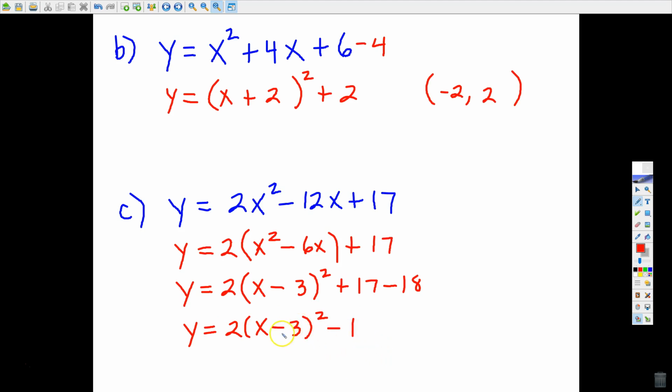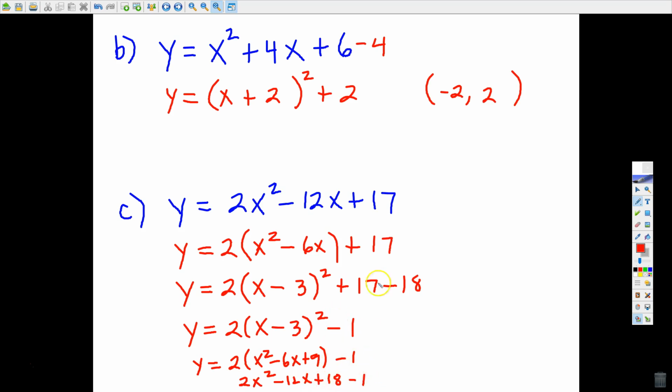Okay, so let's just do a quick little check and make sure that we match up with the blue when we multiply this out. Okay, so I'm just going to write it like this. This binomial squared is x squared minus 6x plus 9 minus 1. Multiply across by 2, 2x squared minus 12x plus 18 minus 1.